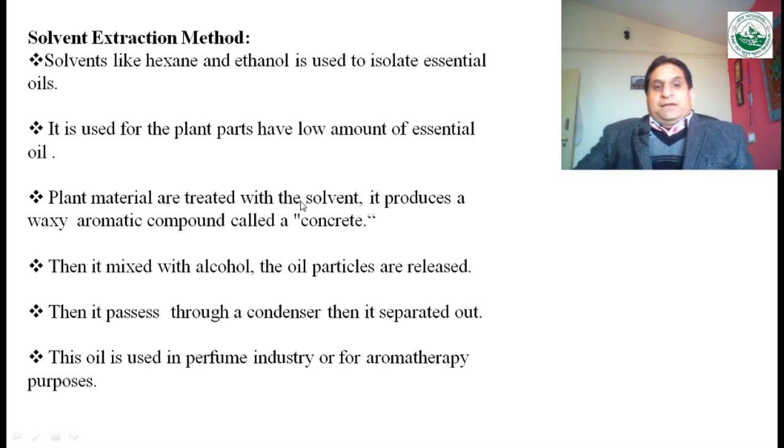Then this concrete is mixed with the alcohol, due to which oil particles are released. Then it is passed through a condenser, due to which the oil will be separated out, and this oil is used in the perfume industry or for aromatherapy purposes.